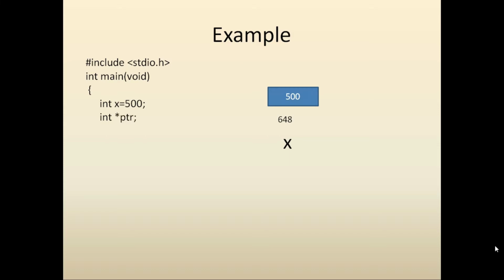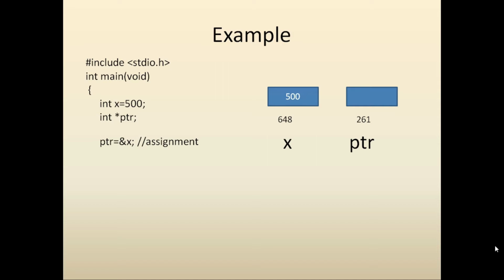Then int asterisk ptr. This asterisk indicates ptr will act as a pointer and can link to a variable of the data type integer only. Let us draw the memory map for it. Pointer ptr has its own address, 261.